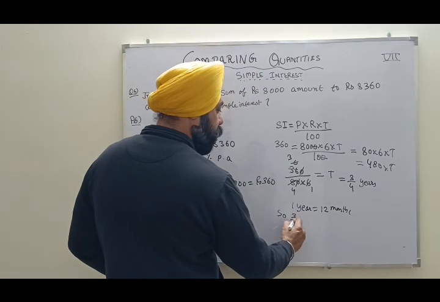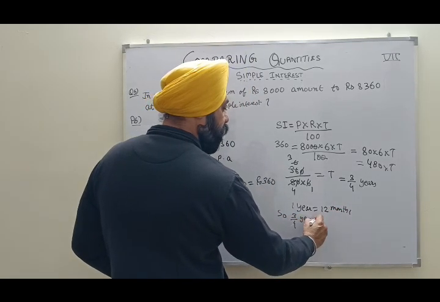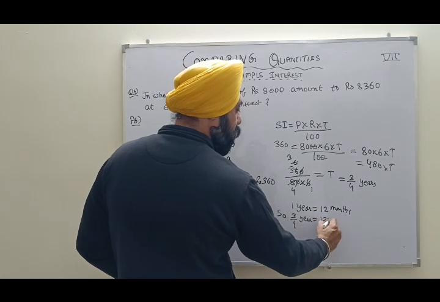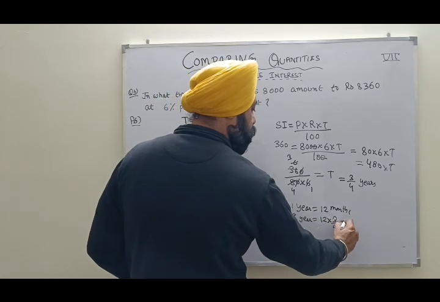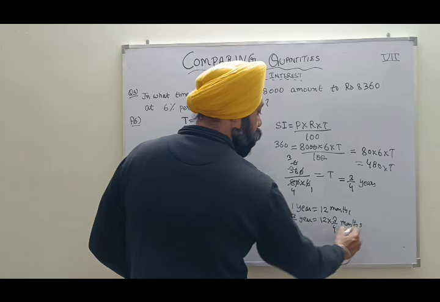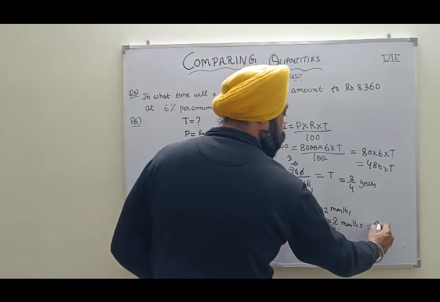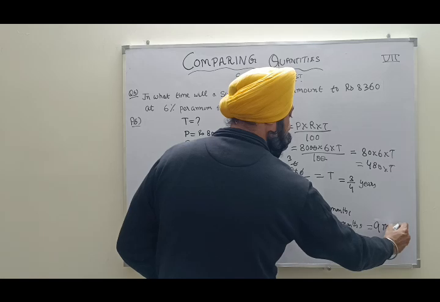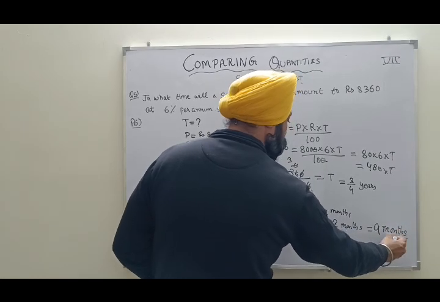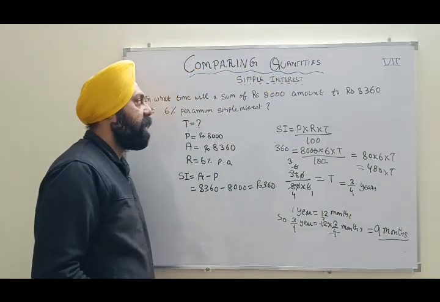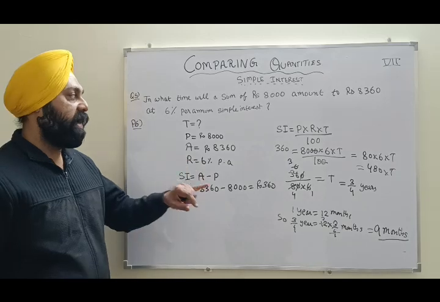So 3 by 4 year will be 12 into 3 by 4 months. So 4 and 12 get cancelled out. So 3 into 3 is 9 months. So the time period for this is 9 months.